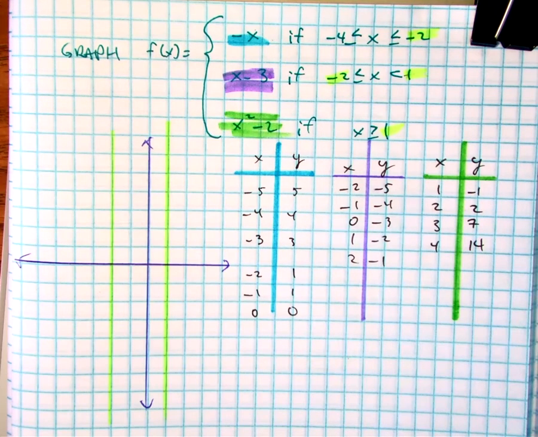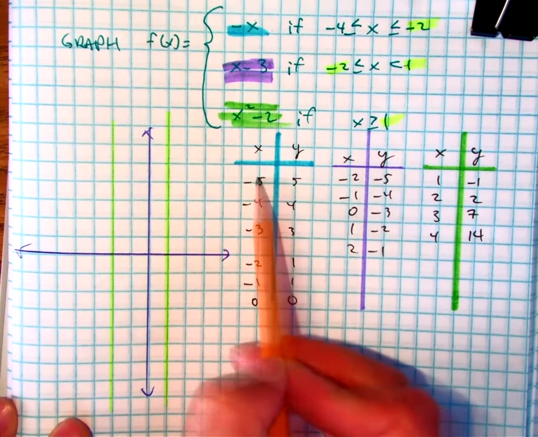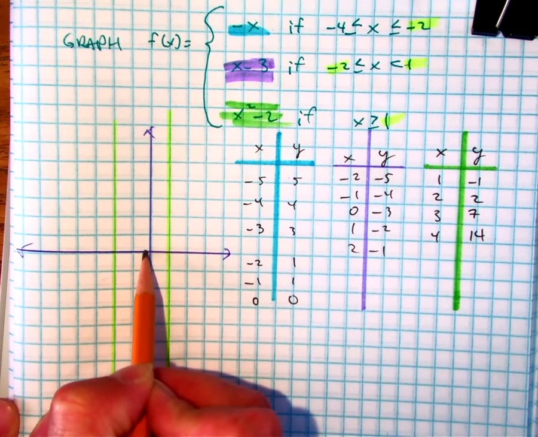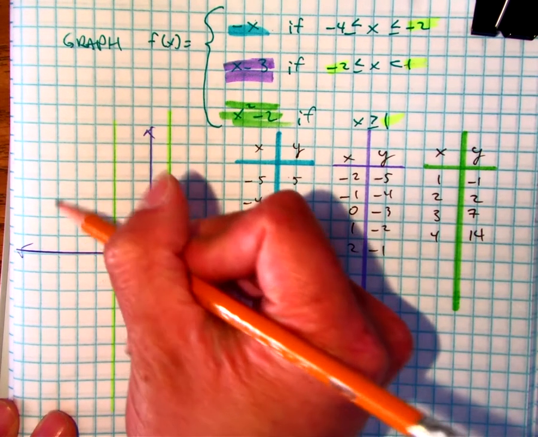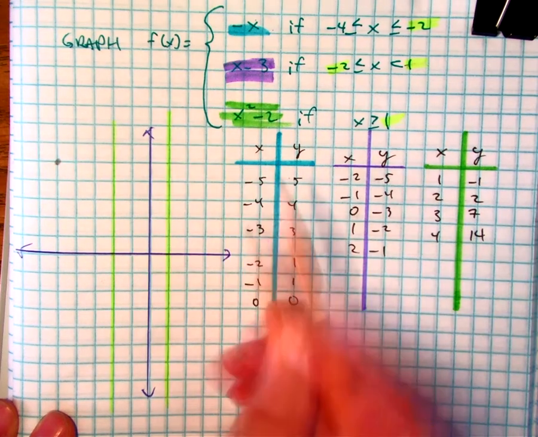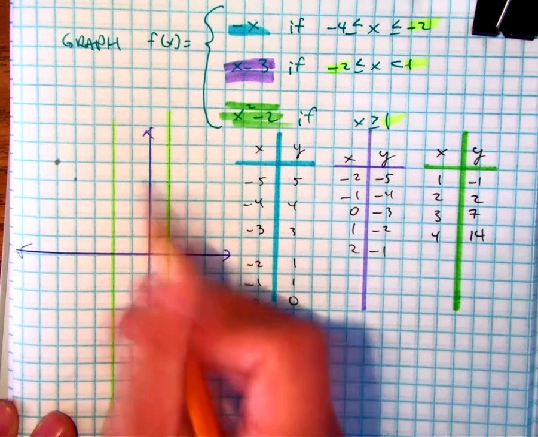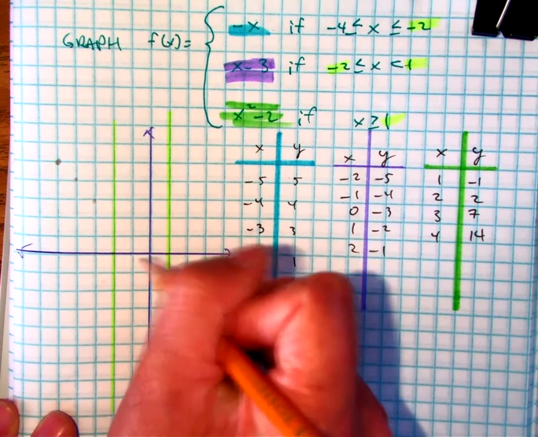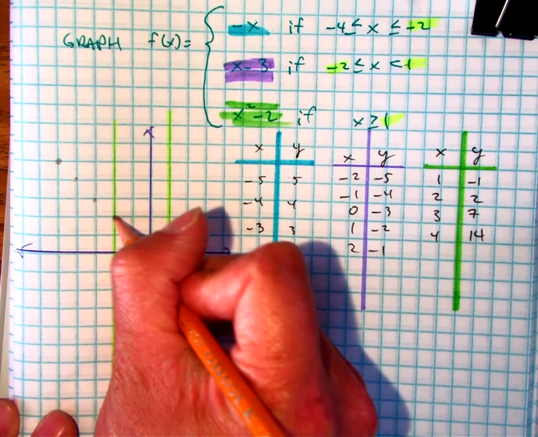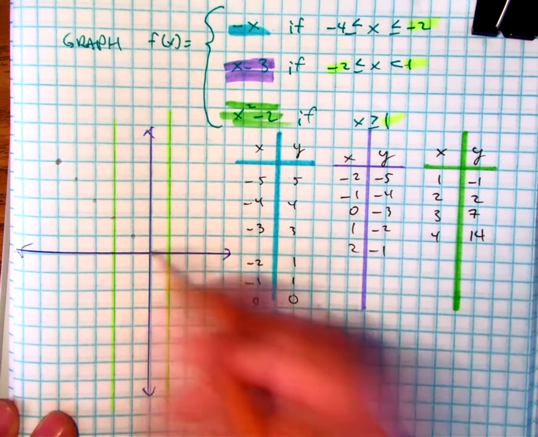So if you graph these now, everyone say pencil. Let's graph it with pencil. -5, 5. Left 5, 1, 2, 3, 4, 5. Up 5, 1, 2, 3, 4, 5. -4, 4. -3, 3. -2, 2. -1, 1. 0, 0.